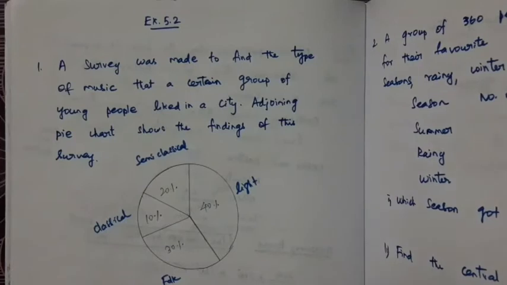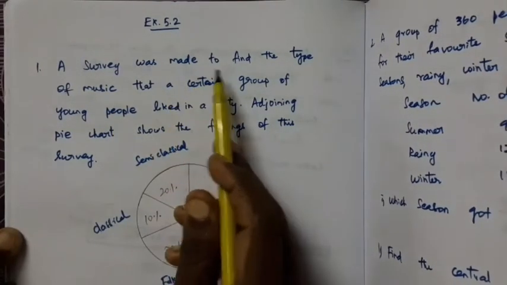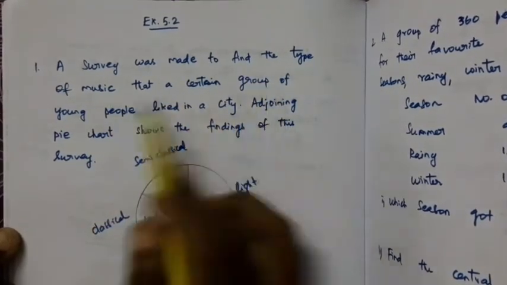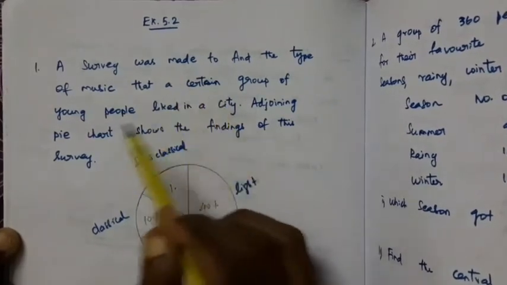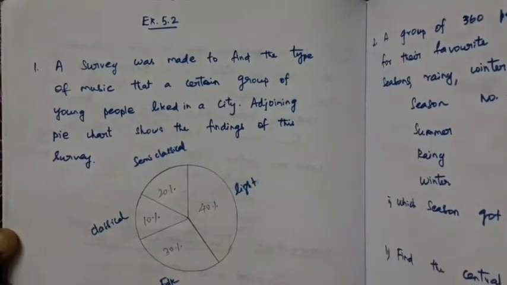Now we'll start with exercise 5.2, the first problem. A survey was made to find the type of music that a certain group of young people liked in a city. The adjoining pie chart shows the findings of the survey.